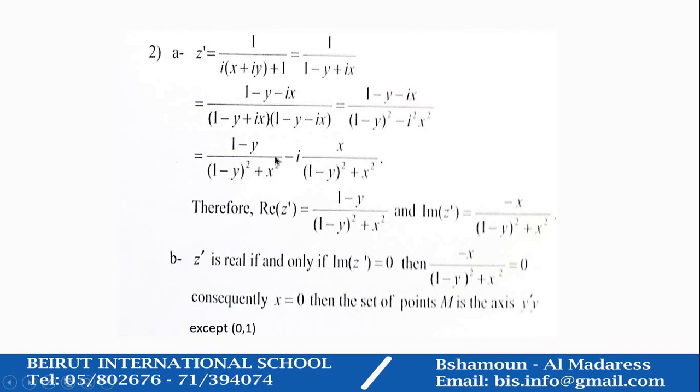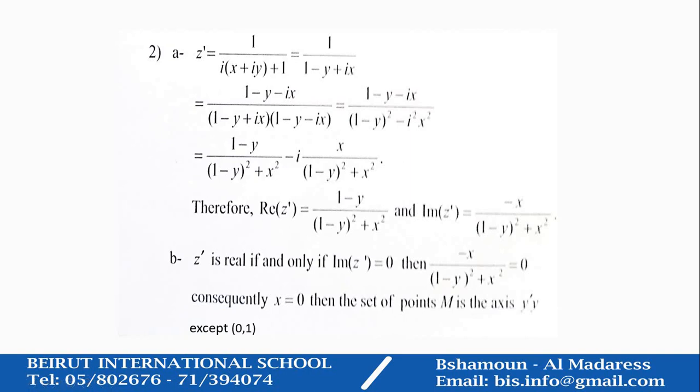So this is the real part, minus i into this is the imaginary part. So all you need to do is substitute for that, you expand, you simplify, you rationalize, you multiply by the conjugate, you simplify, and you should express the result in the algebraic form of a complex number.